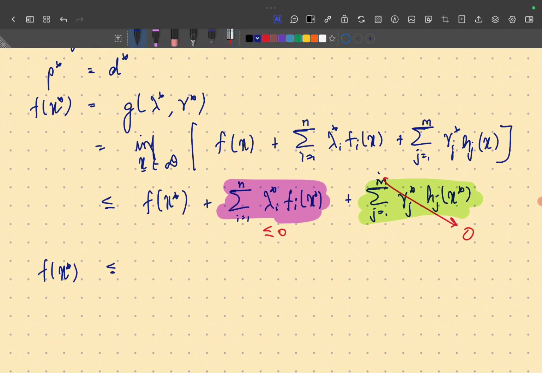Okay, so essentially what we have is f of x star is less than or equal to f of x star plus something that is non-positive. So can this non-positive quantity be negative? It can't, right? So this whole quantity must be equal to the quantity that is shaded in pink. It should be equal to 0.